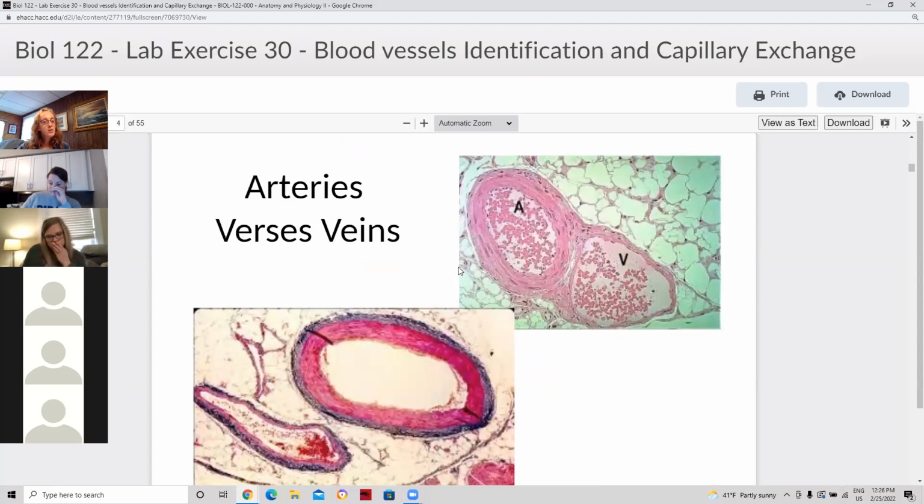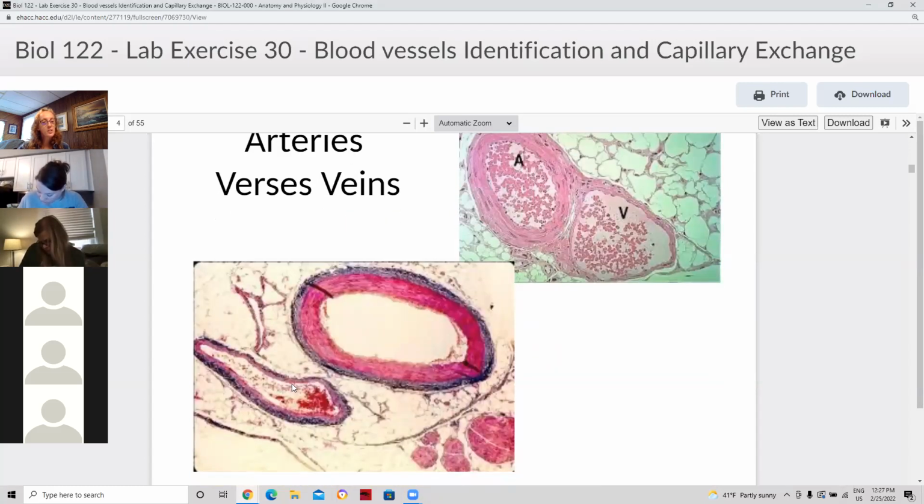Now the major differences between arteries and veins. Anytime you're looking at a cross section of an artery and a vein, the easiest way to know which is which is that arteries maintain their shape. They look like circular vessels. Veins often look a little smashed up.